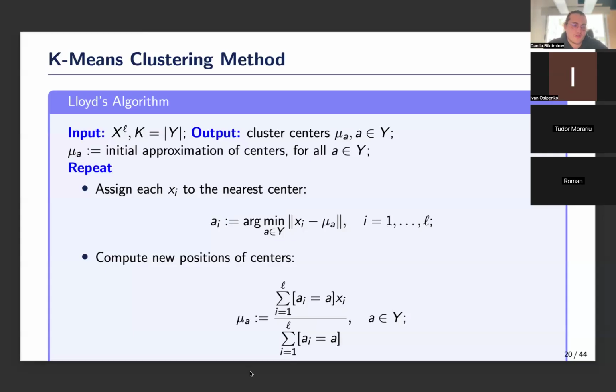And we have some methods to speed up k-means. For example, we can reduce the feature space dimensionality beforehand using, for example, PCA or embeddings. We're going to talk about PCA a bit later in this lecture.